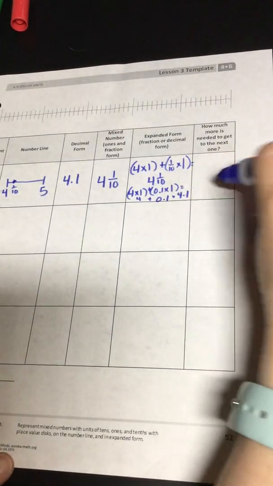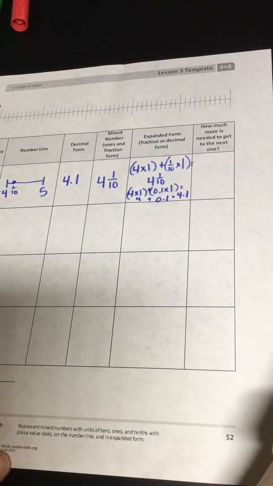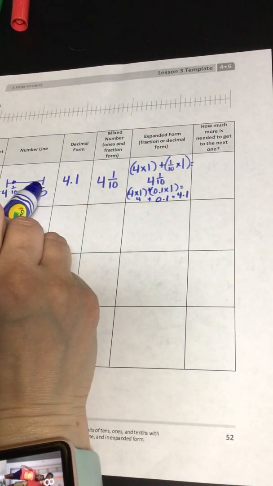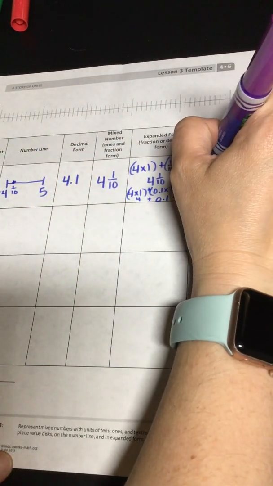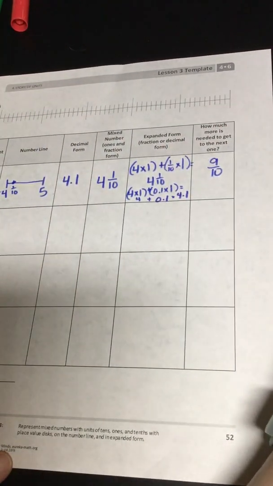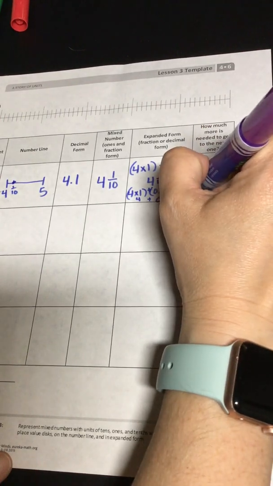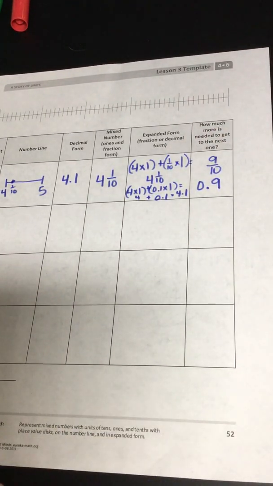All right, and then how many more would I need to get? Okay. Well, I know it's 1/10 and it takes 10 to fill it up. So 10 minus that 1 is 9. So it's 9/10. But don't forget to put in your decimal, which would also be 0.9. Okay, that one's pretty easy.